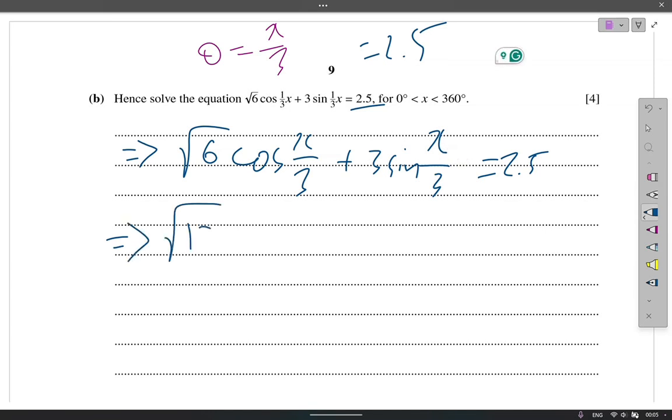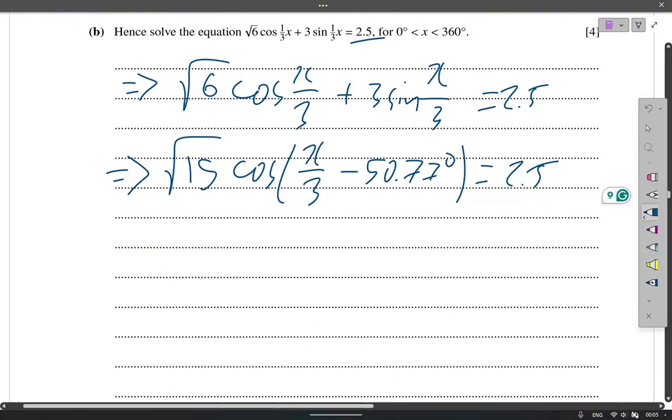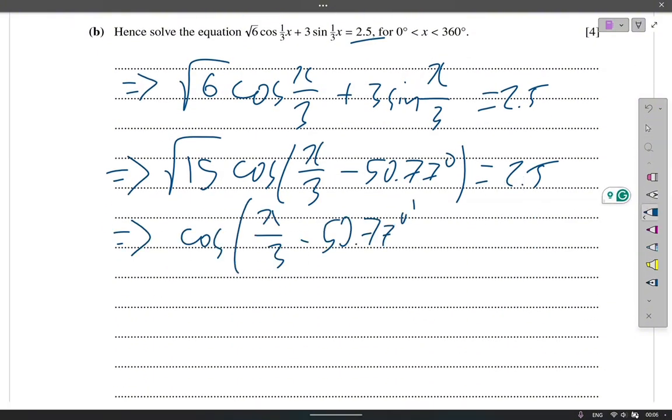And which is actually just equal to this one. Dividing both sides by square root 15. Then we have to take cosine minus 1.